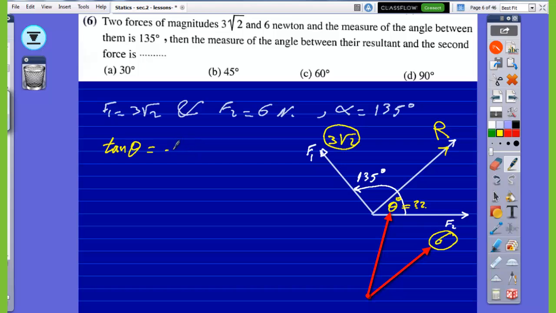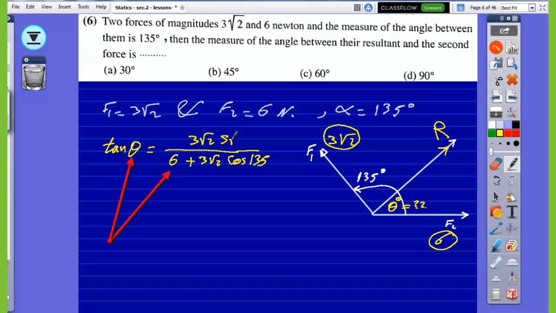equals, here we write 6 plus 3 root 2 cosine the included angle 135, and in the numerator we write 3 root 2 sine 135.